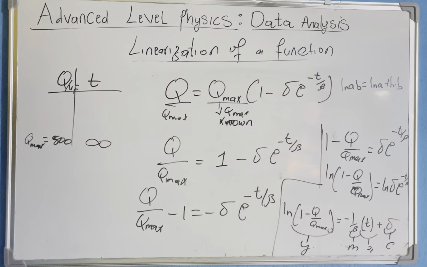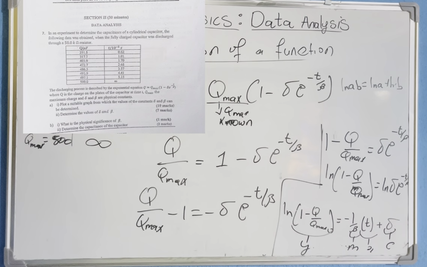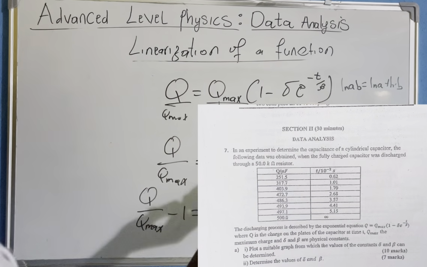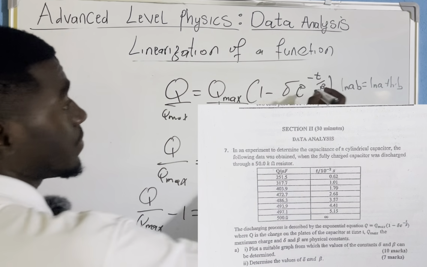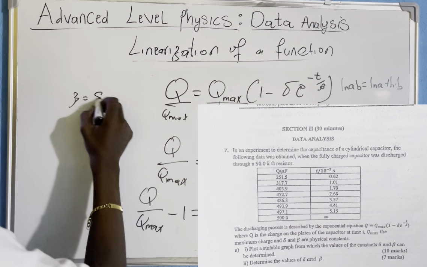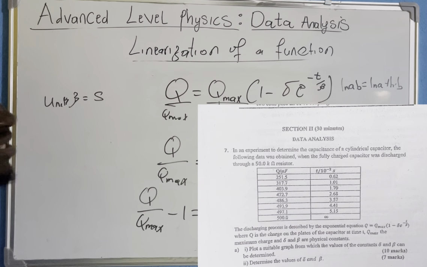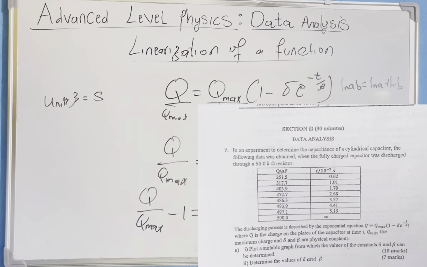Okay. Then they proceed by saying determine the value of sigma and beta. From your gradient, you have the value of sigma and all those things. What is the physical significance of beta? As easy as that. You see that beta here, the unit of beta should be seconds, therefore making it time. Now, which type of time?